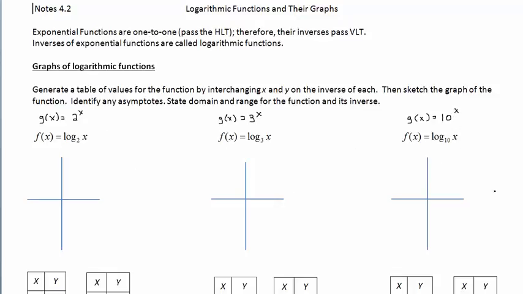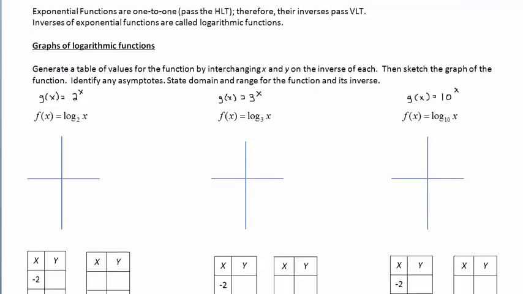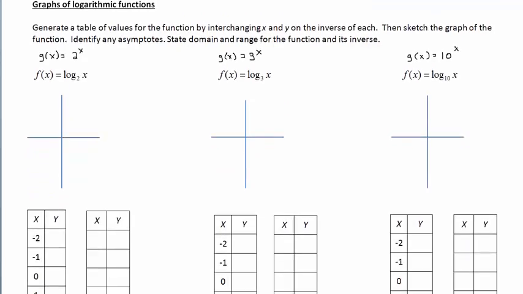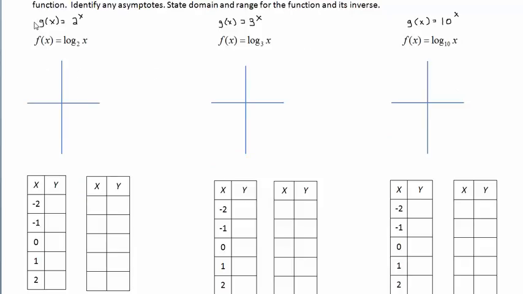So we're going to use these exponentials to help us understand these log functions. Beginning with g of x equals 2 to the x. In our last video, we created a table of values, and I have these tables recreated down here.